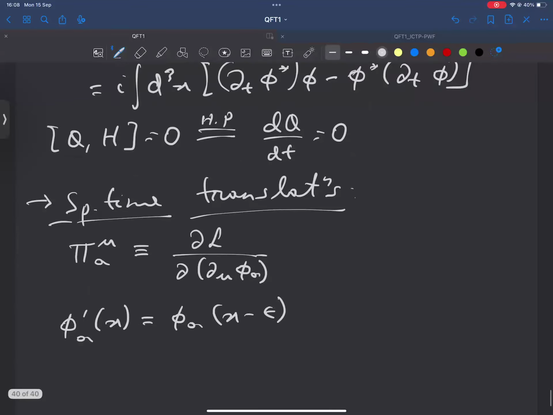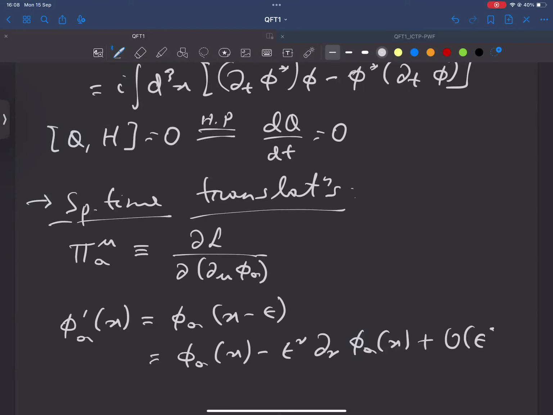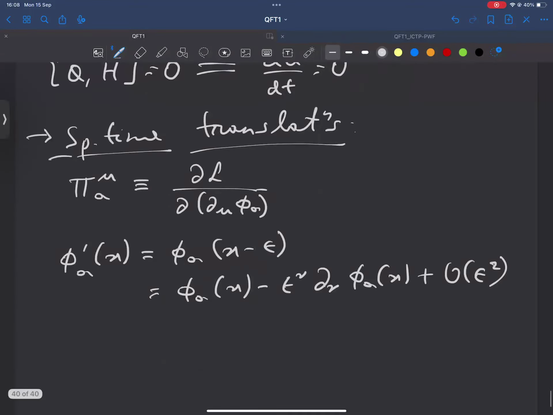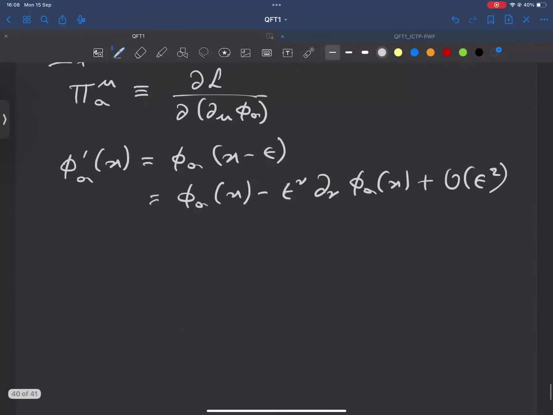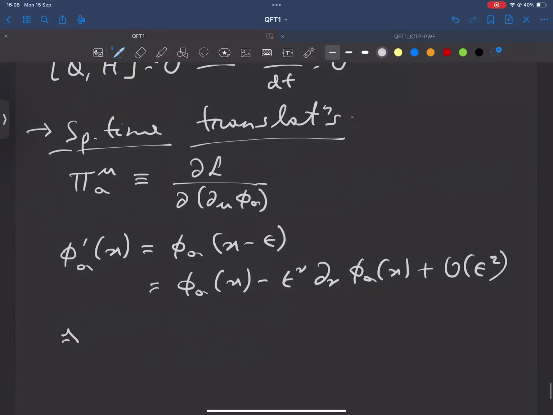So we are translating by a parameter epsilon, and we did this very slowly and rigorously, so I can be fast now. And again, neglect second order terms and higher. Okay. So this implies that delta phi_a(x) is minus epsilon^nu del_nu phi_a.